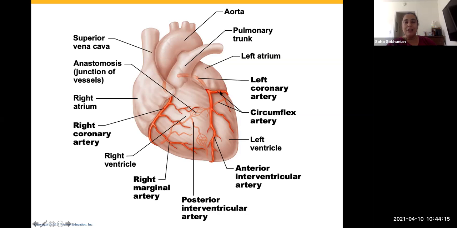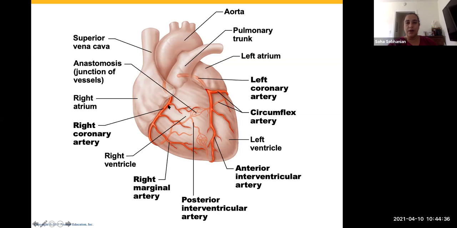And the other branch literally goes around the heart, so it circles behind the heart. It becomes the circumflex artery, like the circumflex of the circle, same concept. So circumflex artery and the anterior interventricular artery.